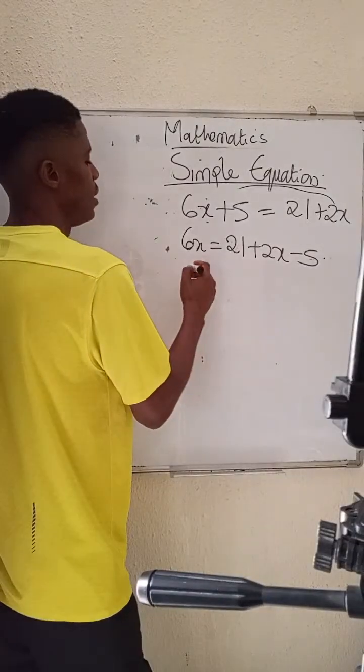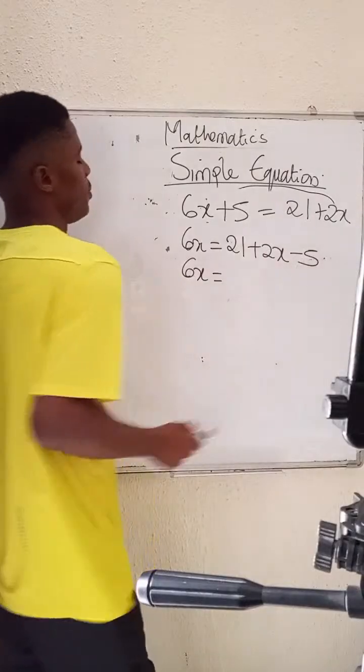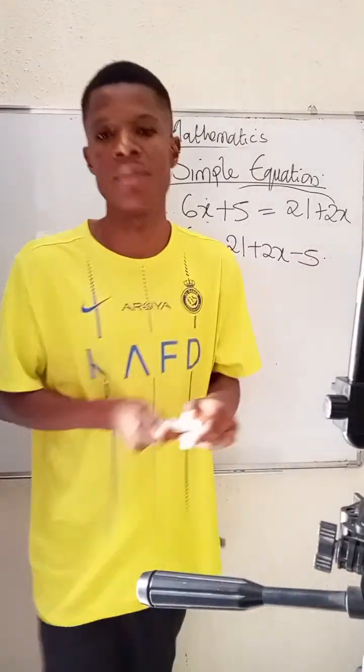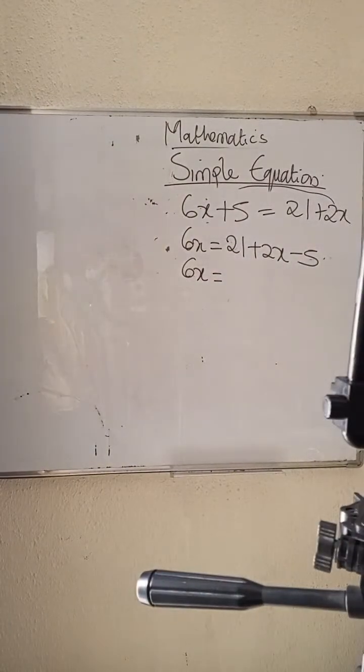Good. So you have 6x is equal to 21 minus 5 is what? What is the value for 21 minus 5?